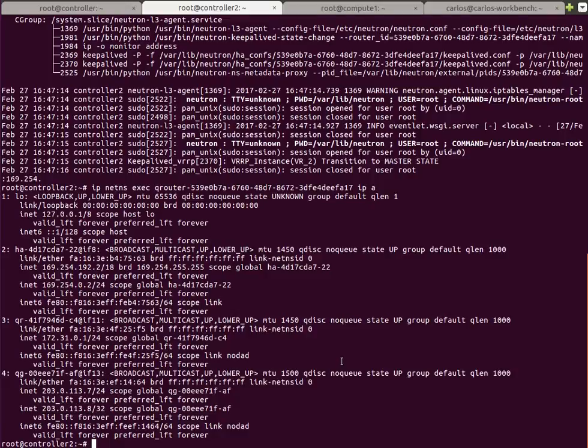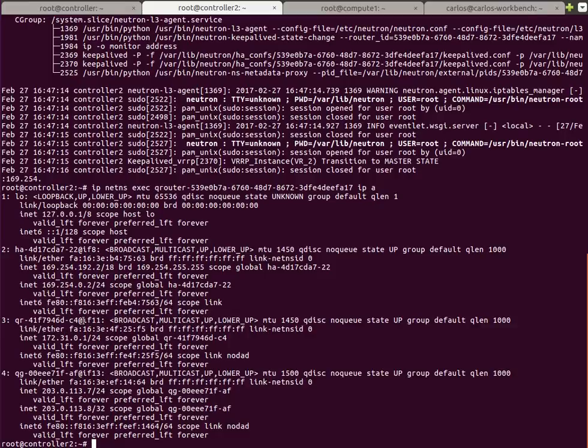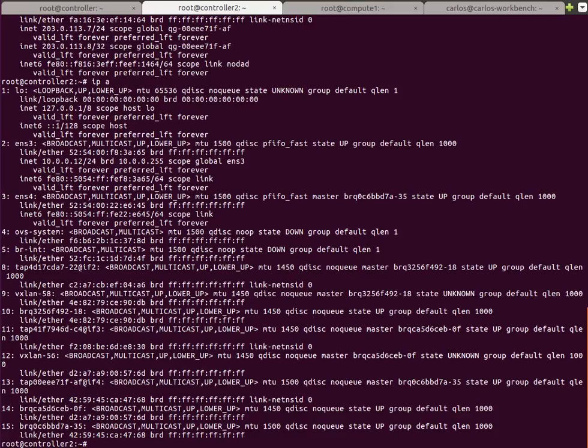Now, how is this network namespace connected to the main namespace? Here we have a hint. We know that this interface is a veth pair with interface 11 from the main namespace, and this other interface has a veth pair with interface 13 of the main namespace. So who are interface 11 and 13?